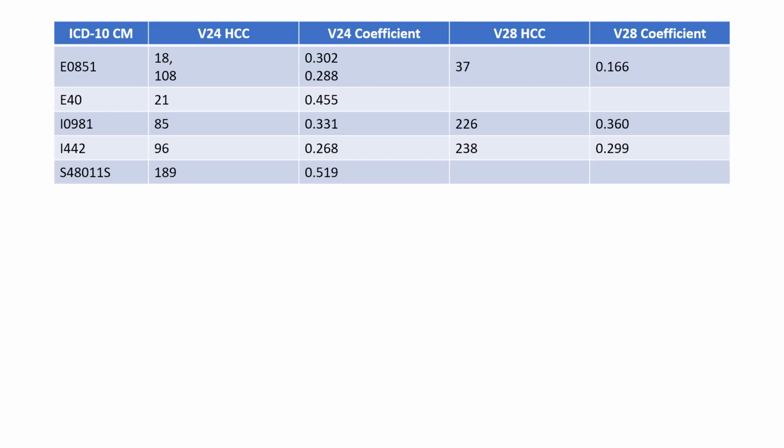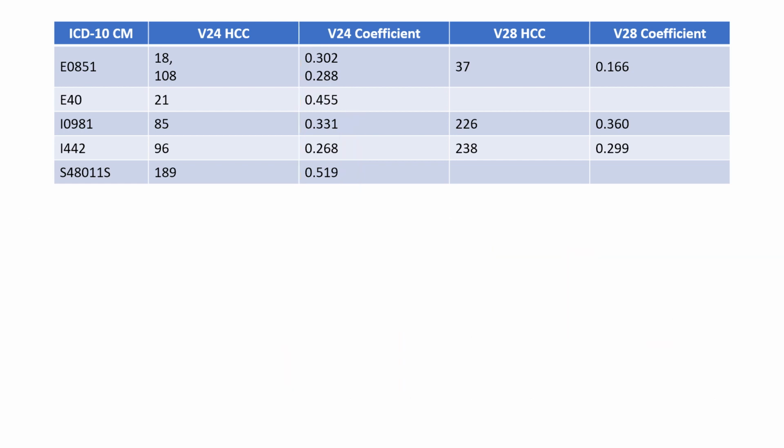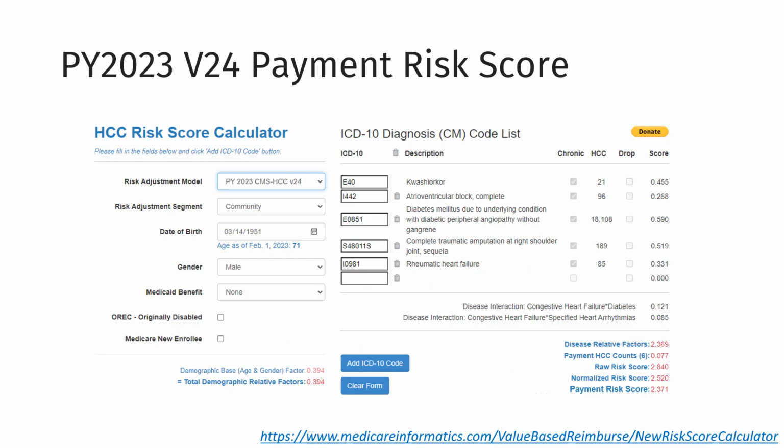Let's examine how CMS-HCC version 28 will impact risk adjustment factor, RAF, scores. The following examples demonstrate the potential impact of the proposed changes on RAF scores, based on disease coefficients only, in 2023 versus 2024.